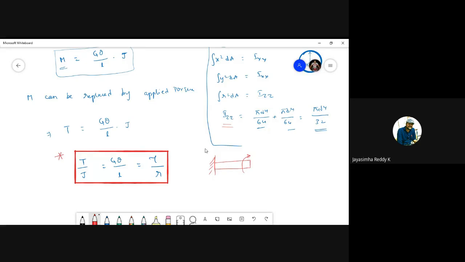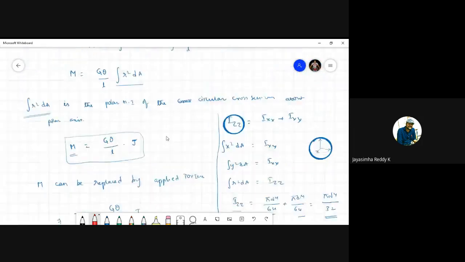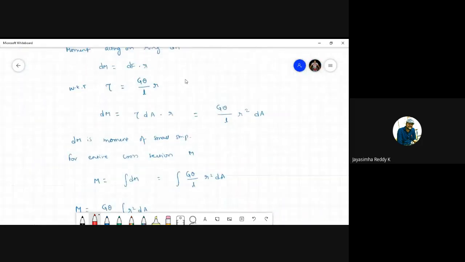So there will be problems based on this relation, T by J is equal to G theta by L is equal to tau by R. They'll give some of the unknowns here, and they'll ask us to find out the others. See, T, J, G, theta, L may be given, and we will be asked to find out tau and R like that. There will be problems like this. I hope it is clear for you, and please let me know if you have any doubts, students.